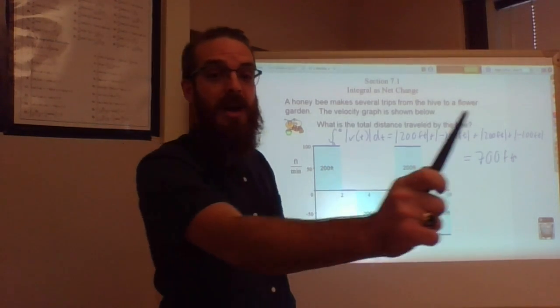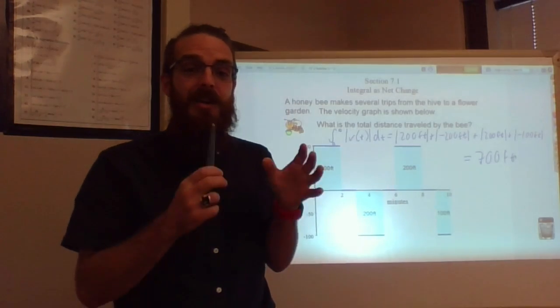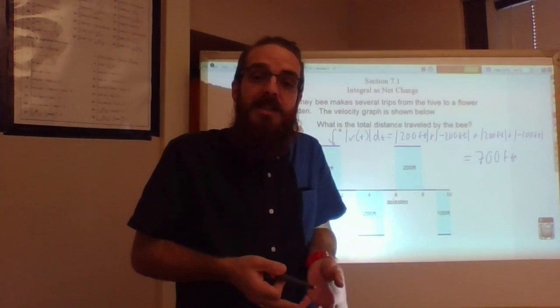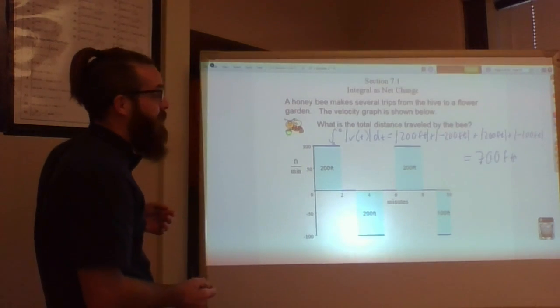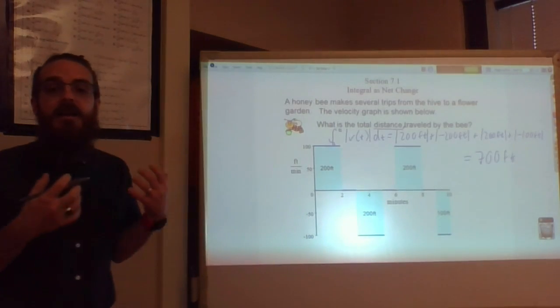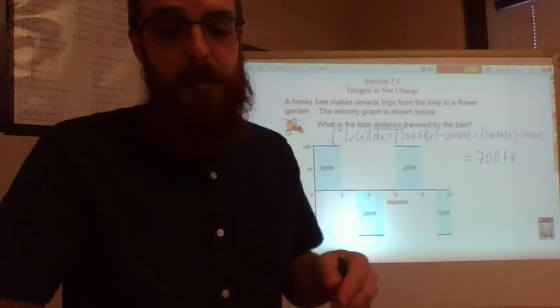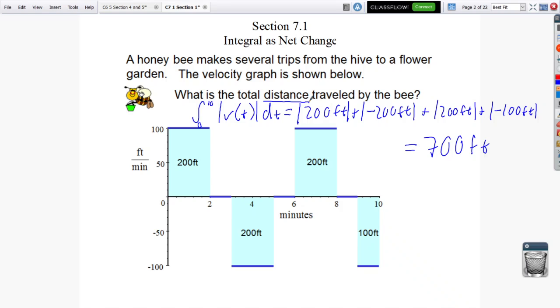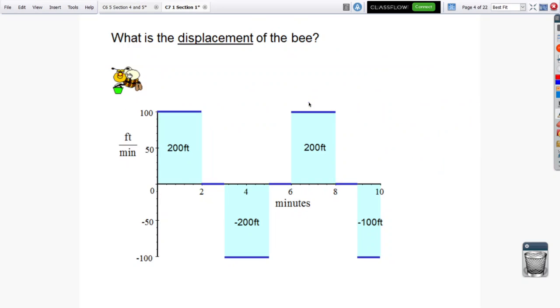But if you travel one lap around the track, you're at exactly the same location that you started at. So we have to have a difference between the distance and another concept that comes up in this section. That concept, instead of distance, is displacement.